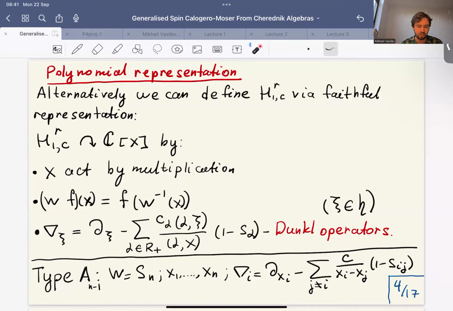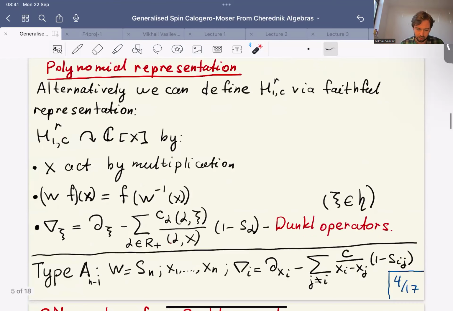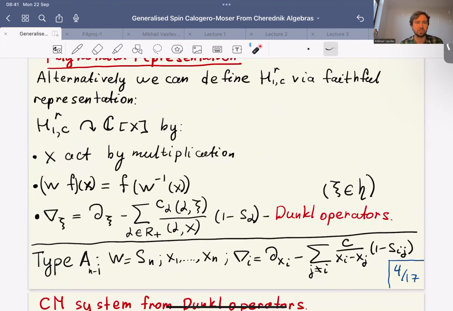It is known as the Cherednik polynomial representation. So what do we do? We take our X's, which were from the dual Cartan. We take functions on the dual Cartan, we take polynomials. Then we let X act by multiplication.